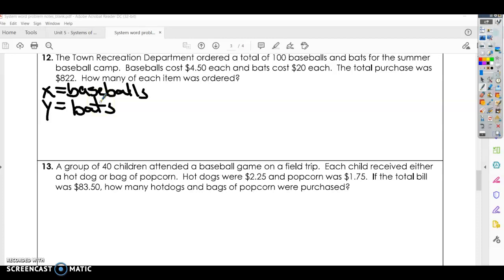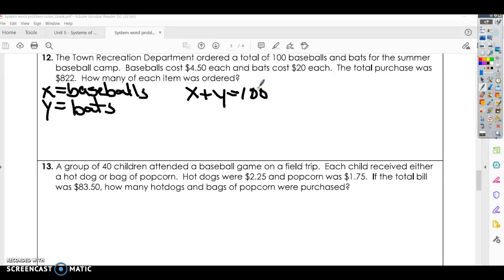All right, so we defined our variables. Now we have to write an equation. All right, it says they ordered a total of 100 baseballs and bats. So our baseballs and our bats equal 100.